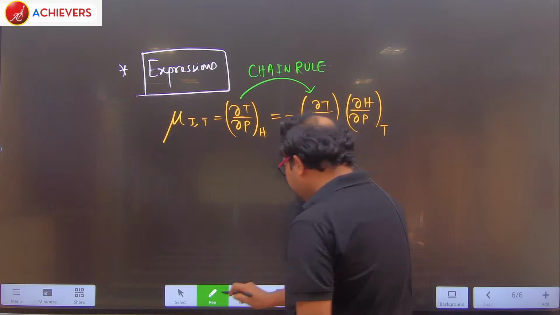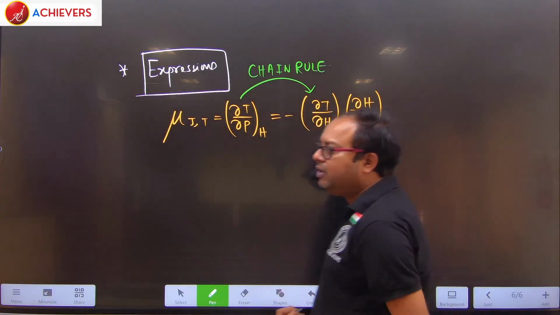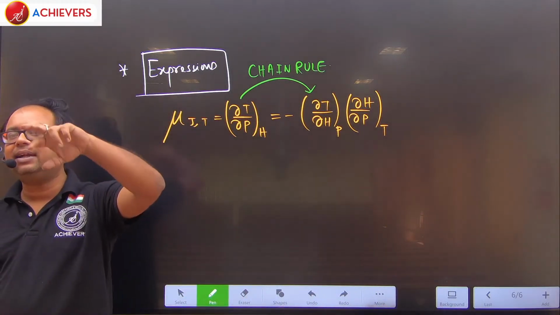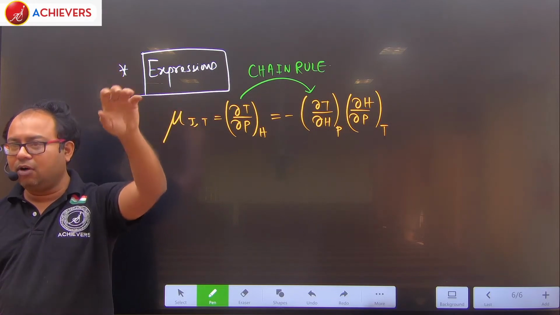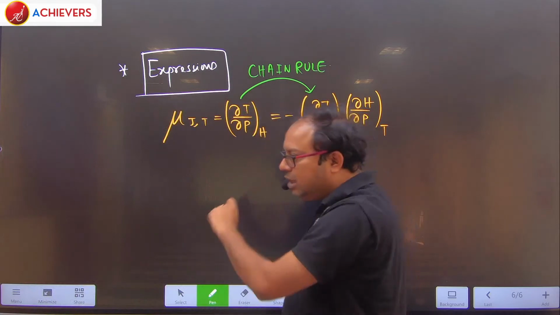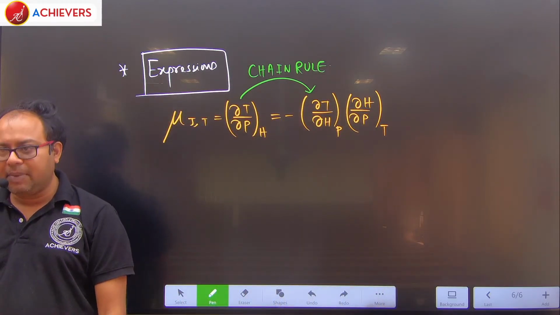Now, we are already acquainted with the fact that Cp is defined as del H del T at constant P. We already know this in context to the first law of thermodynamics. So if del H del T at constant P is Cp, then del T del H at constant P should be 1 by Cp.